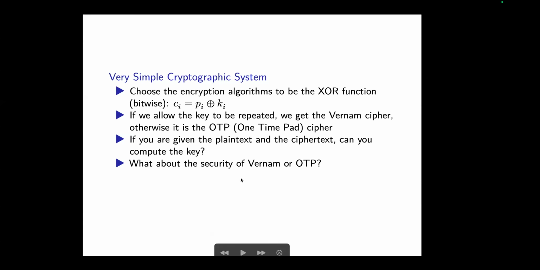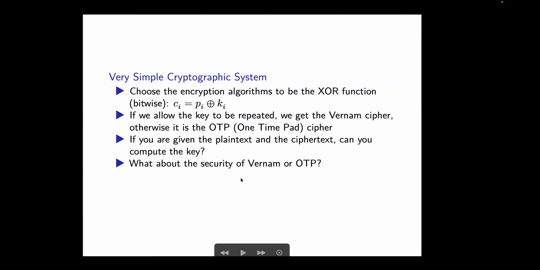And then I use XOR. Do you know the XOR function? Exclusive OR. The XOR function is like this.